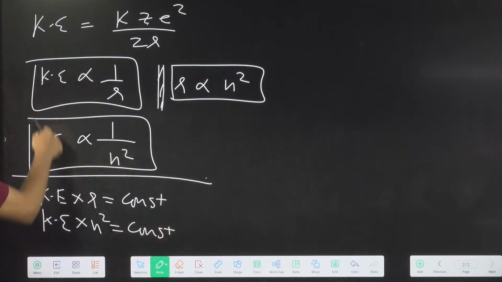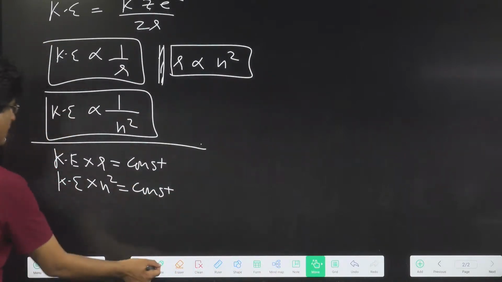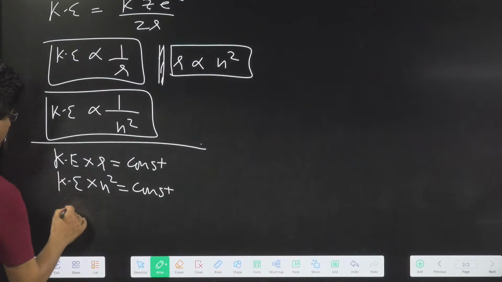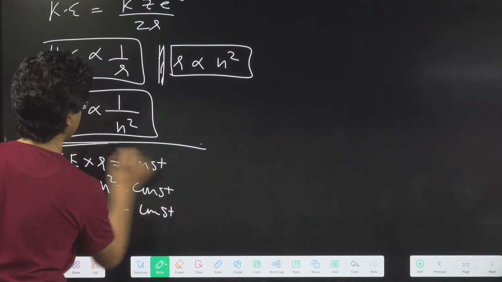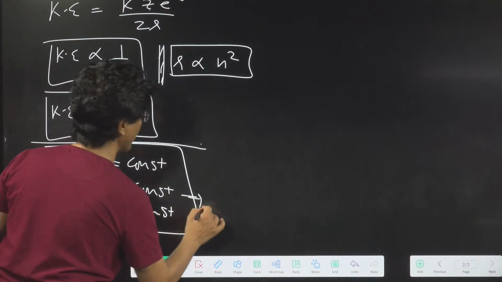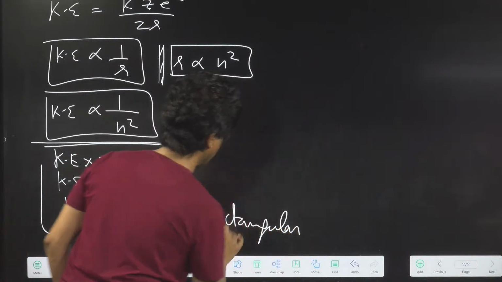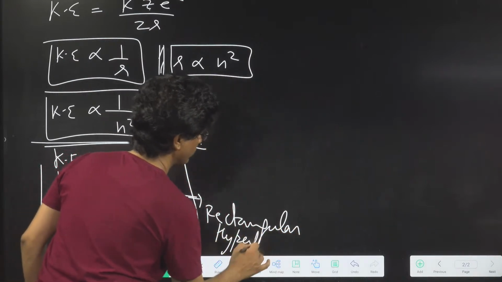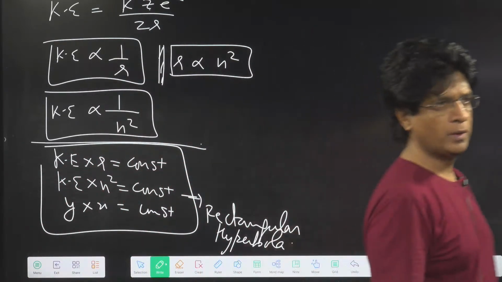Whenever we have a graph like x into y constant, this kind of graph is always a rectangular hyperbola. Yes or no? Very good.